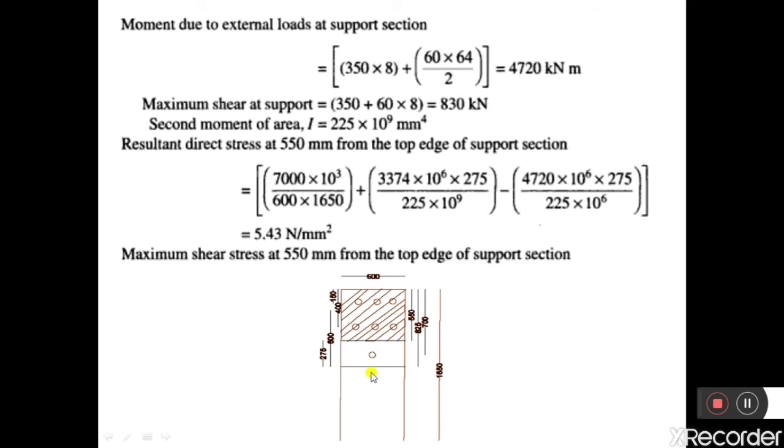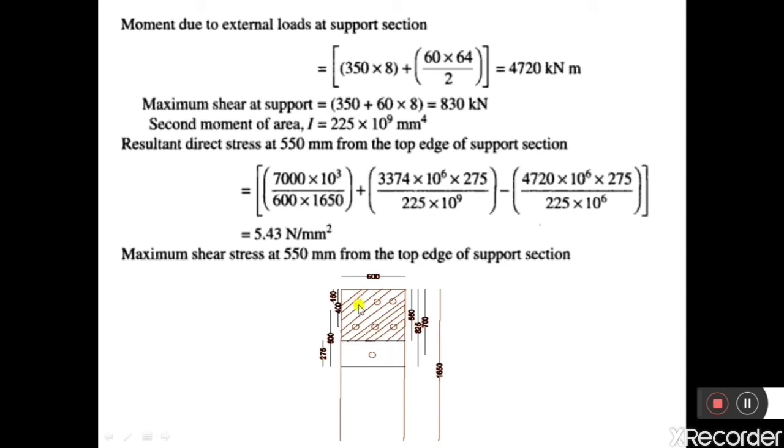So it is a rectangular beam, therefore y1 is equal to y2 is equal to d by 2. So d by 2 means 1650 by 2. Therefore the centroidal axis lies at a distance of 825 millimeter. So this is the centroidal distance, which is at a distance of 825 millimeter from the top edge, as well as at a distance of 825 millimeter from the bottom edge.